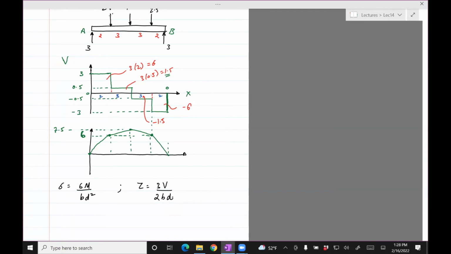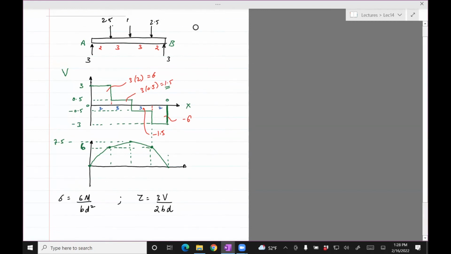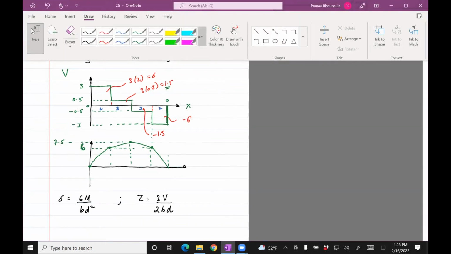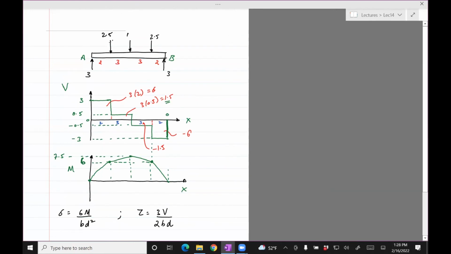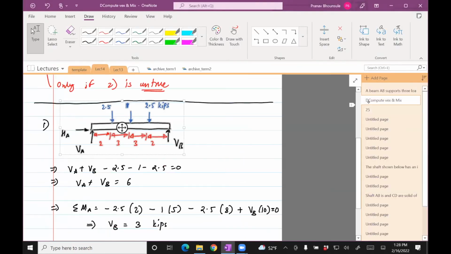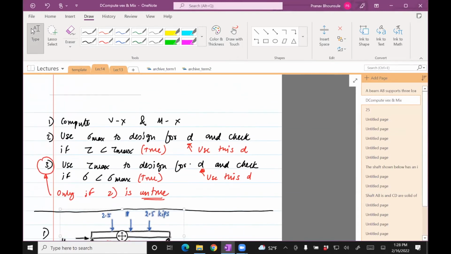Okay, so we have both those diagrams, and that will be helpful for us when we solve for D. Okay, so that's step one, which is getting those diagrams. Now let's go to step two. Use sigma max to design for D and check if tau is less than tau max. That's what we're going to do next.